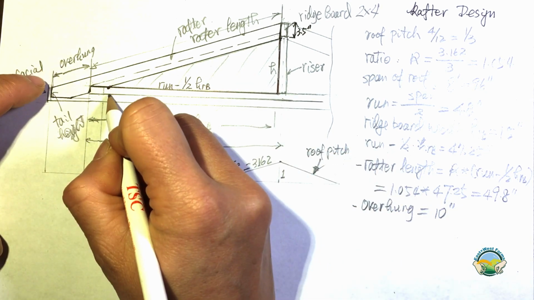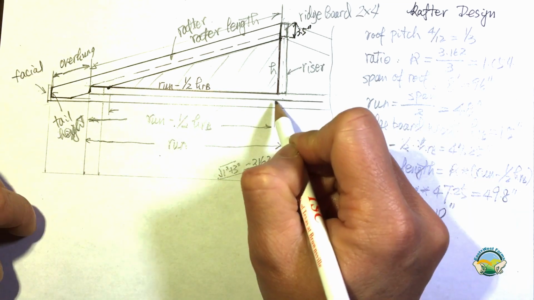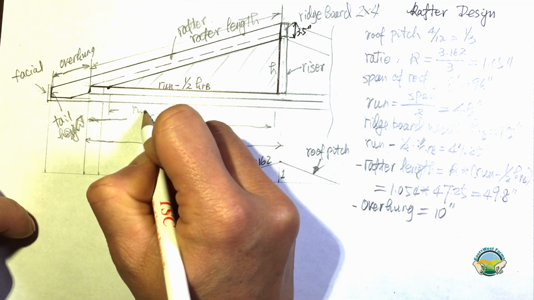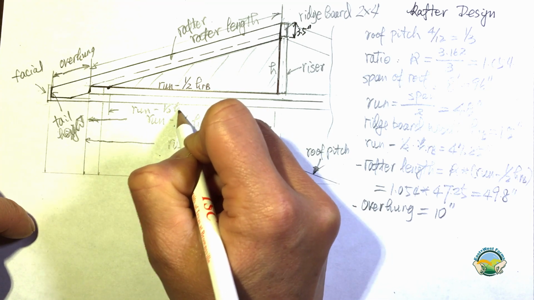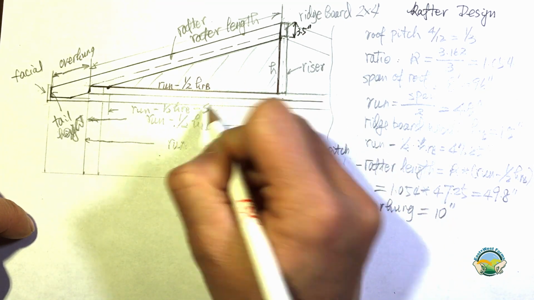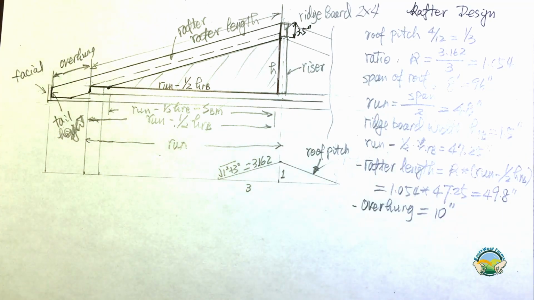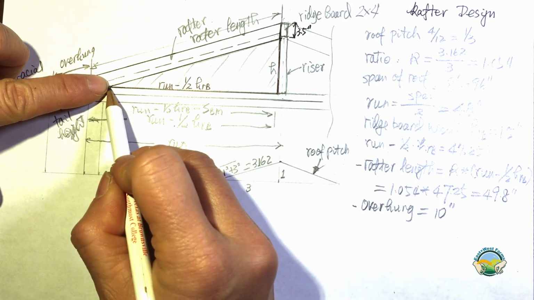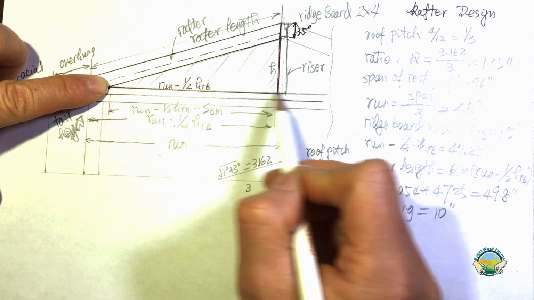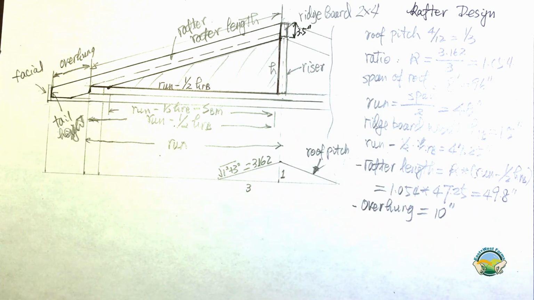So that dimension is over here. This dimension, then, if I draw down here, will be that dimension minus the seat of the bird mouth. So we will know basically the horizontal dimension of that triangle.